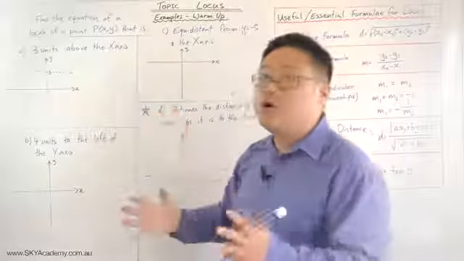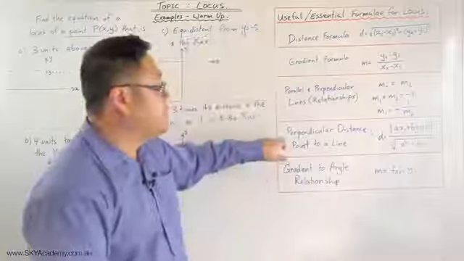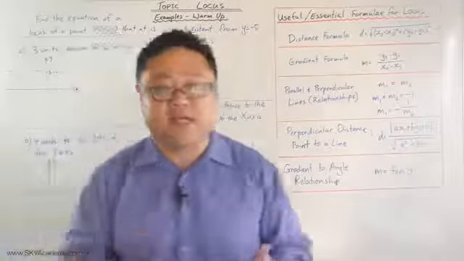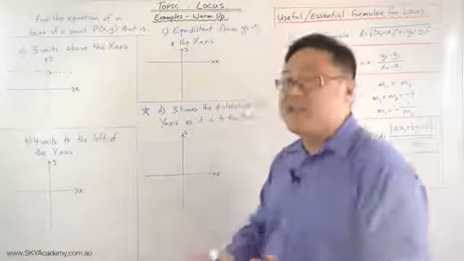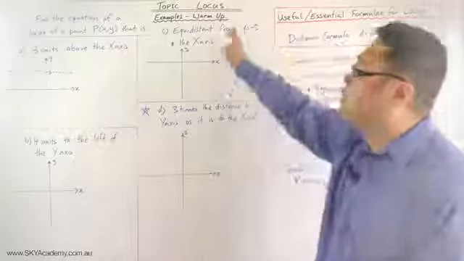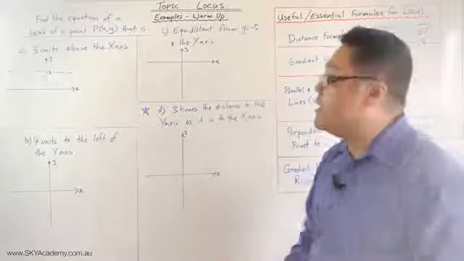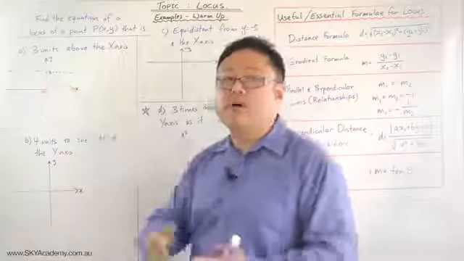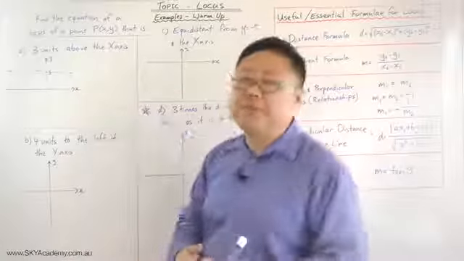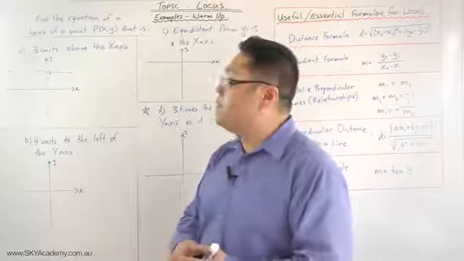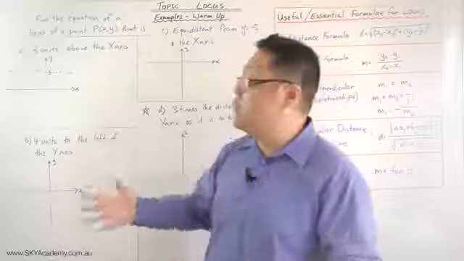Now, what could we use? We could have used the perpendicular distance from a point to a line, but common sense dictates that you can just graph it and work it out, yes? That's why I called these warm-up examples, because what we're trying to do is work out the locus of that path, of that point, just visually, just by looking at the graph.